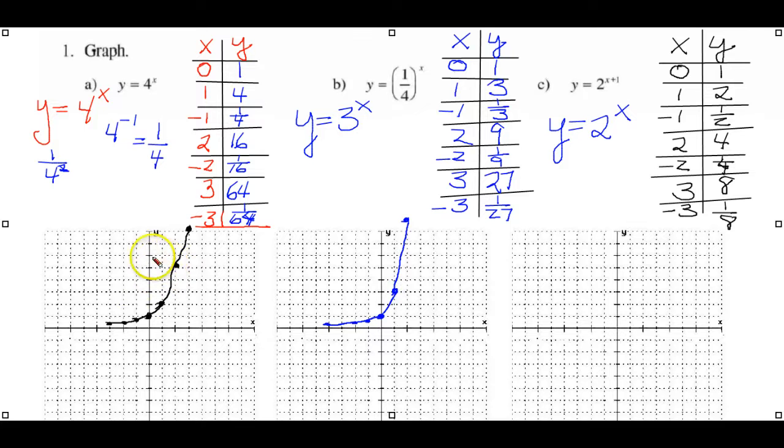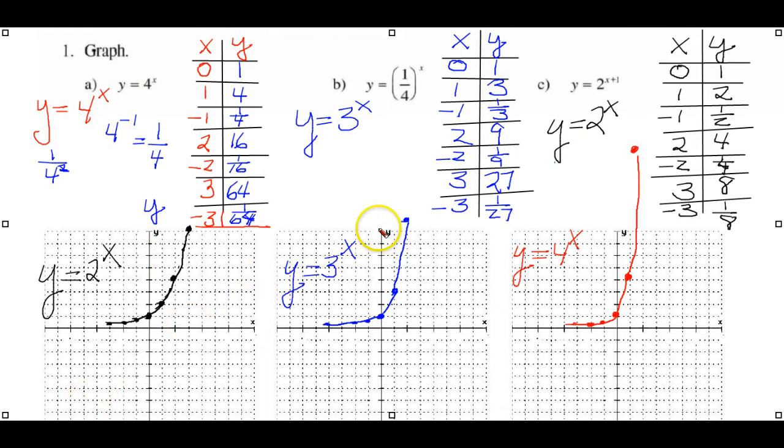So I don't know if you notice this, but this line is getting closer to the y-axis. All right, now let's plot this one. Okay, I finished these up a little bit. So here is the curve for the function y equals 3 to the x power.